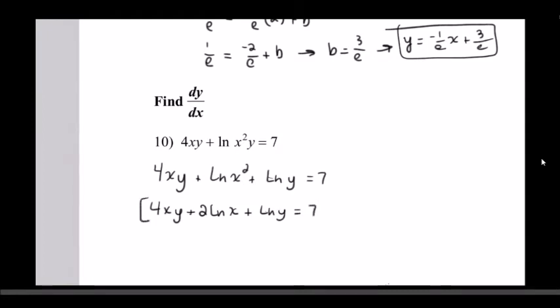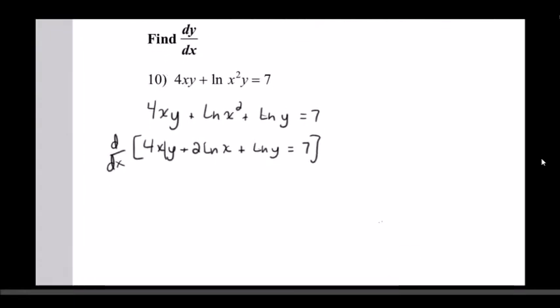Now when we take this equation and differentiate with respect to x, that has to happen to every single piece here. This first piece is a product, 4x times y, so we're going to have to use the product rule of differentiation there. If we think about this as an f function and that is a g function, then we need f prime g plus g prime f.